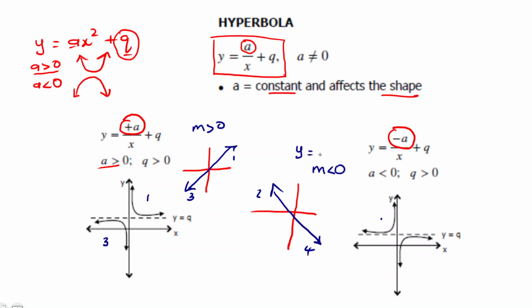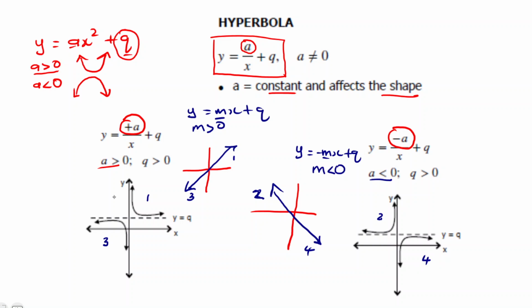For example, you are given something like y equals negative mx plus q. This one would be y equals mx plus q. So the gradient here is positive, and the gradient here is negative, from the second quadrant to the fourth quadrant. So the hyperbola also, if a is negative, that means your first hyperbola will be in the second quadrant, then the second part of it will be in the fourth quadrant.